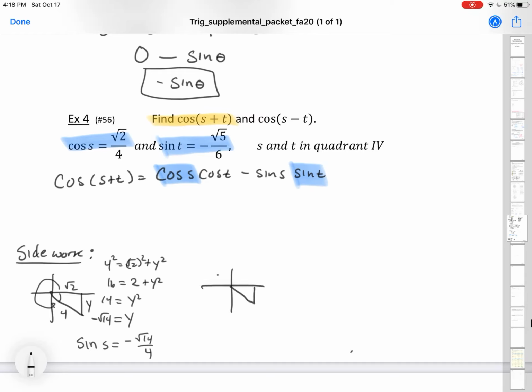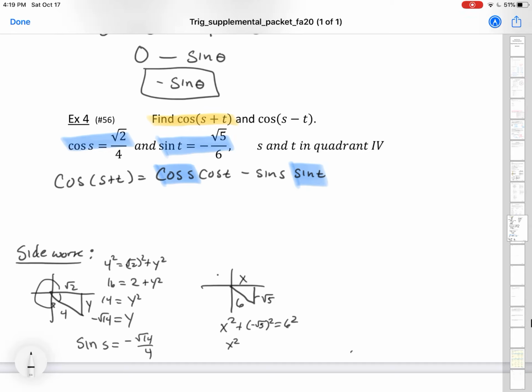We've got to figure out angle T. Angle T is also a 4th quadrant angle. Its sine is negative root 5 over 6. We need to figure out this x, and we know that x is positive because we need the cosine, so we need that adjacent side. No problem. x squared plus negative root 5 squared needs to be equal to 6 squared.